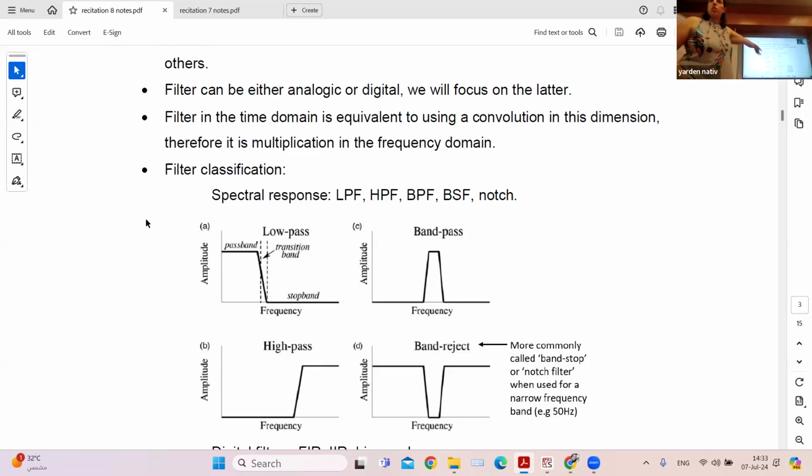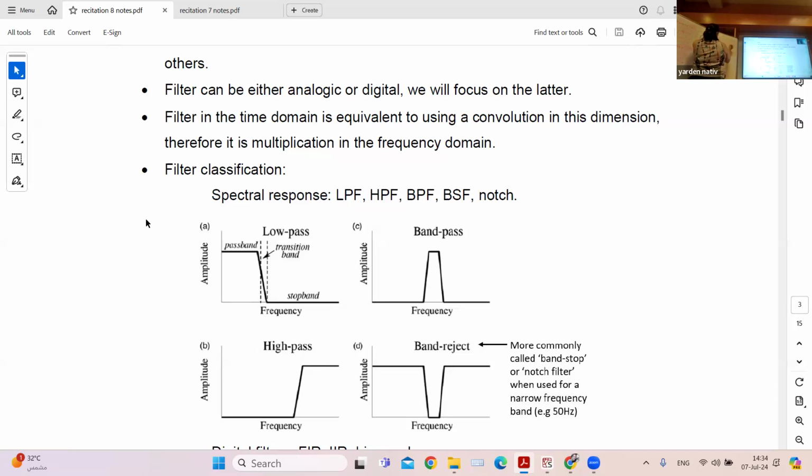This is what we see here, right? So you say, take a function of f from 0 to 3: it will be equal to 1 for the frequencies 0 to 3.